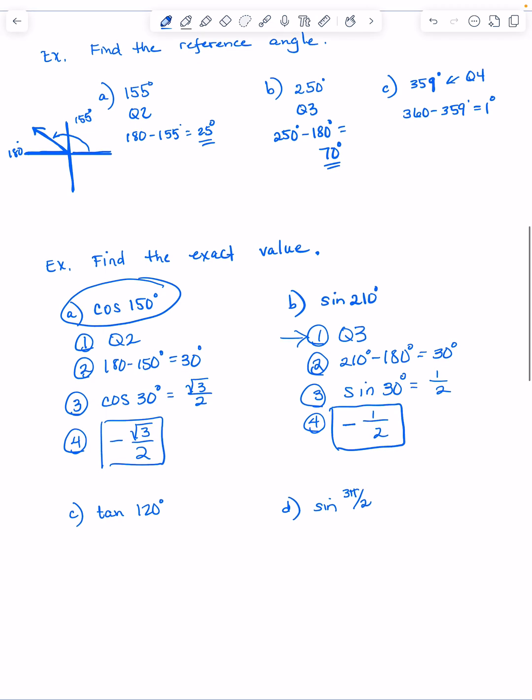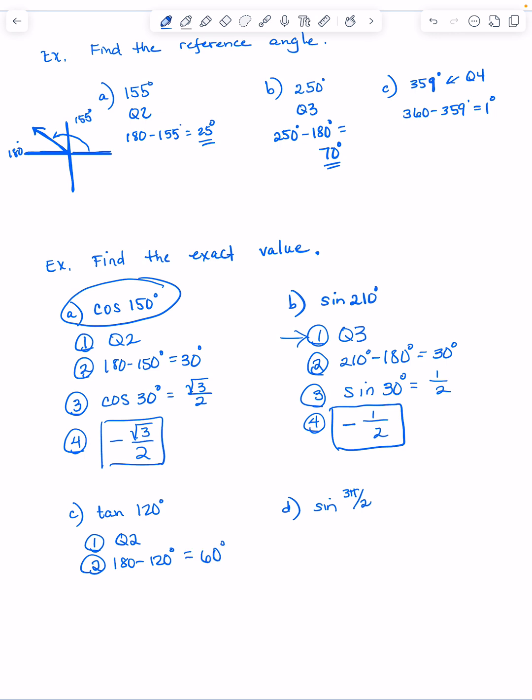All right, let's do the tangent of 120 degrees. So at this point, you should be telling me what quadrant 120 degrees is in. Pause, yes, quadrant 2. To find the reference angle, subtract the angle from 180, and I get 60 degrees.